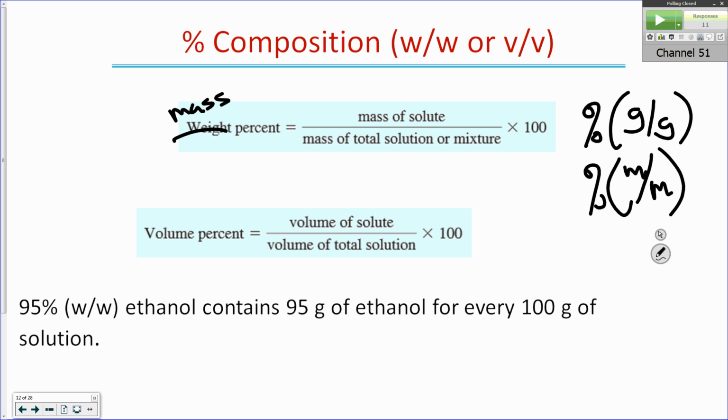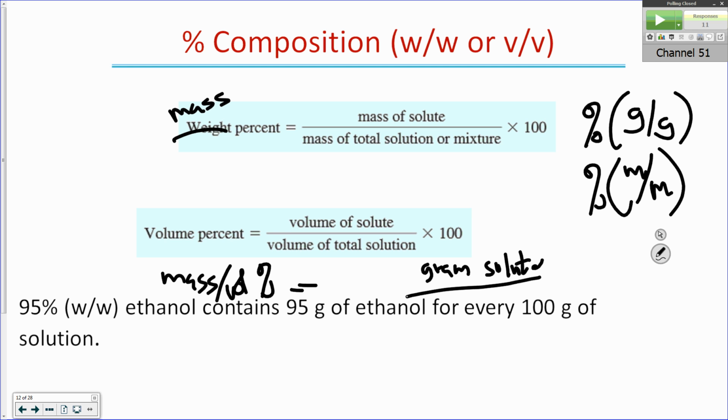So we'll have a percent mass volume. So it's going to have units that are things like grams of solute per volume of solution. There's other combinations you can have. But the key thing to realize is that what it's telling us is simply that ratio.